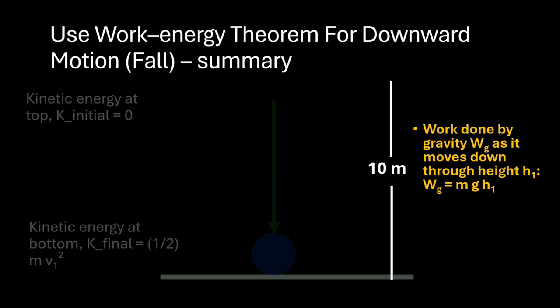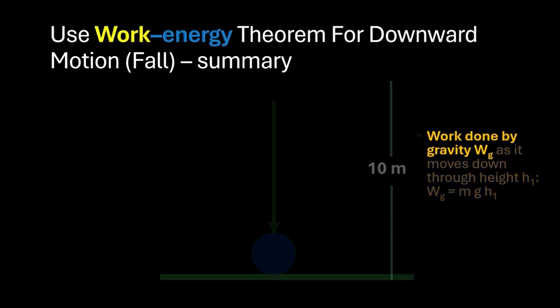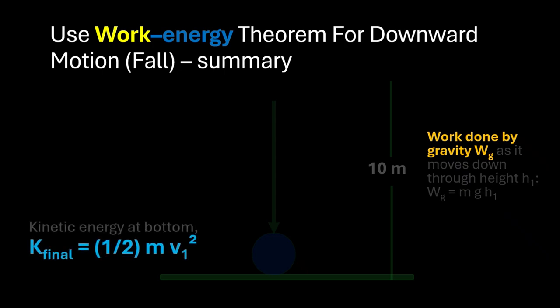Now, how do we equate this? What is work energy theorem? Work done is equal to change in kinetic energy. So work done by gravity will now be equal to half m v1 square minus half m u square, which is 0.